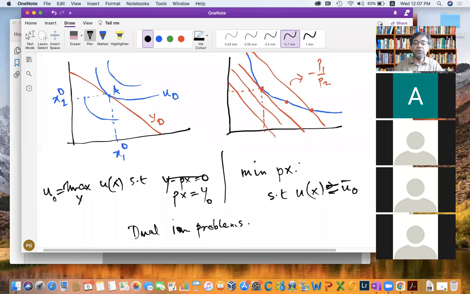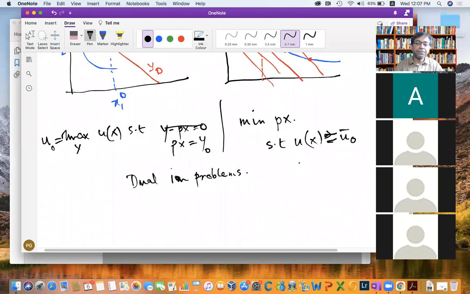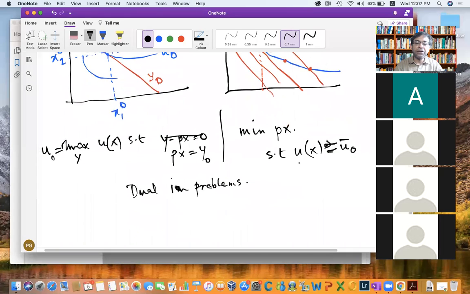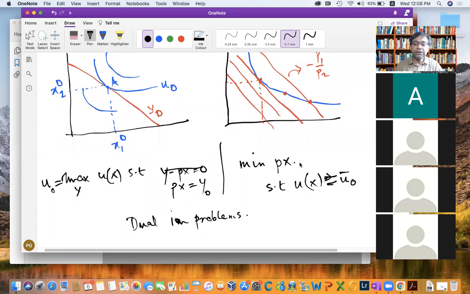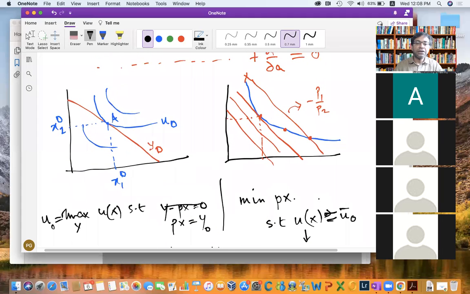Then what will be the minimized value of expenditure? Well, it's not hard to see that that has to be Y0. Okay, so if we fix the utility level at this U0 from the other problem, then the isocost line, which will achieve tangency, will correspond to the expenditure level of Y0, right?